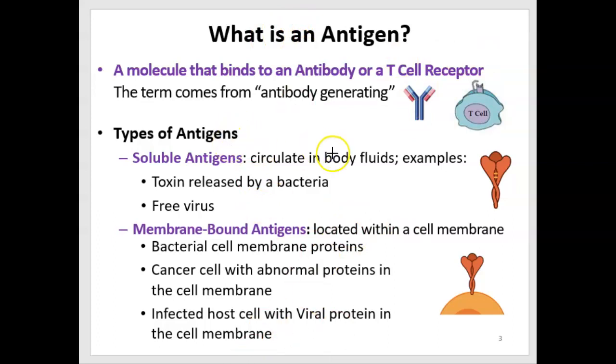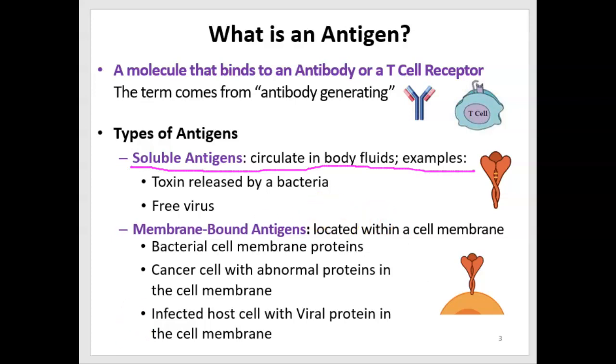So there are different types of antigens that you could be exposed to that would cause an immune response. Some antigens, as I mentioned previously, are soluble, and that means they're circulating in your body fluids, like in your interstitial fluid. It could be even in your gastrointestinal tract. It could be in your interstitial fluid, in your bloodstream, whatever.